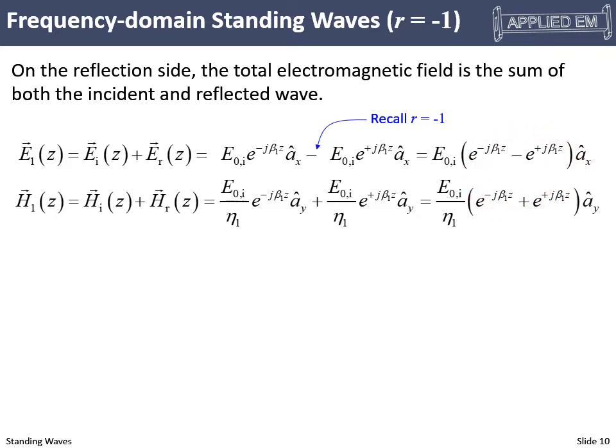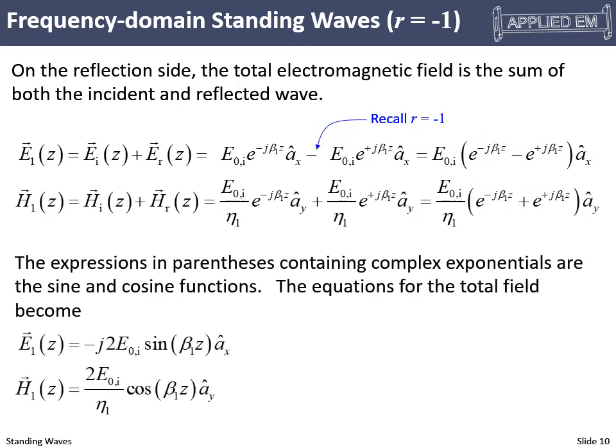If we look at them long enough, we see that these are actually our sine and cosine functions. So we can replace those with sines and cosines. When we do that, we end up with these two expressions for the total field in medium 1.